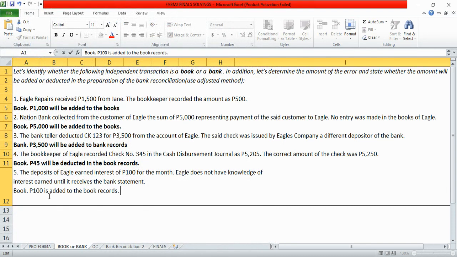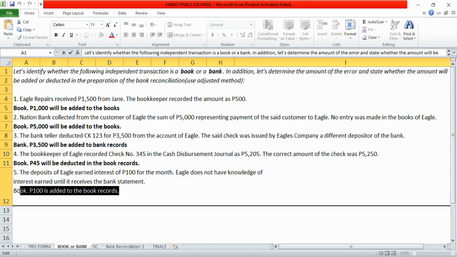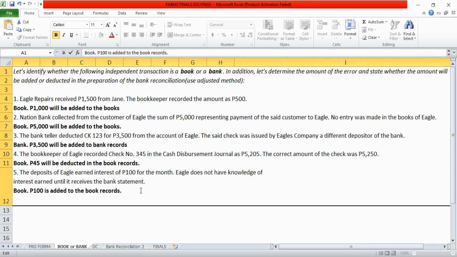So the analysis is a credit memo, because we added the amount of 100 pesos to the book records.